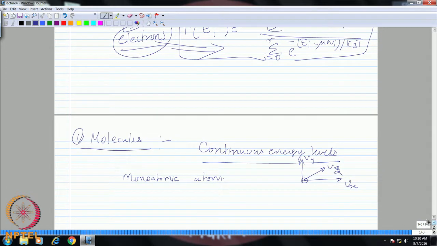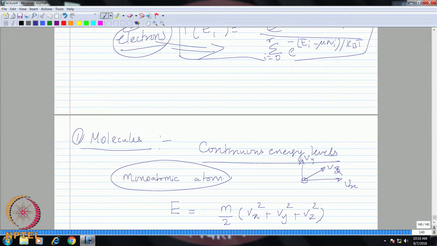Therefore, the corresponding energy possessed by this particular atom can be just half m (Vx square plus Vy square plus Vz square). So, it has 3 degrees of freedom for translational kinetic energy, right.